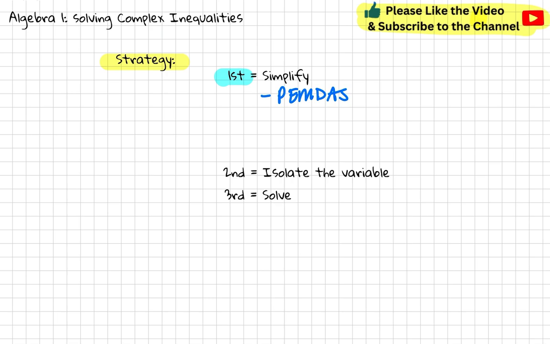And for refresher's sake, PEMDAS stands for parentheses, exponents, multiplication and division, and then adding and subtracting. Another example of something that we're going to look for to simplify is combining like terms.